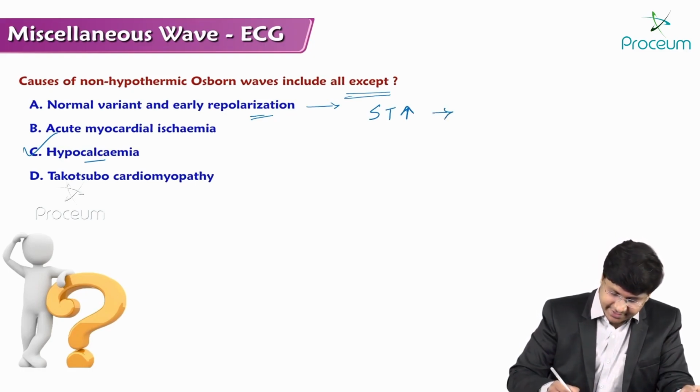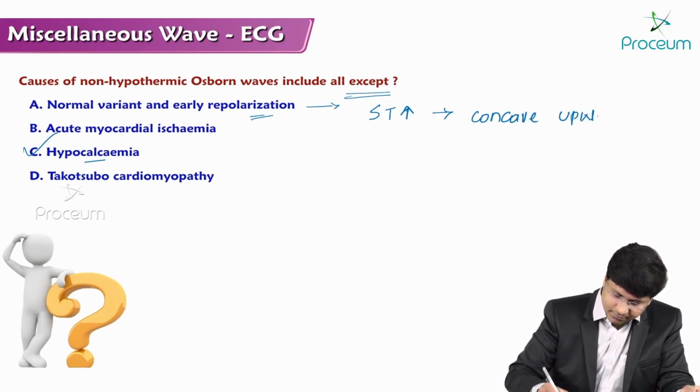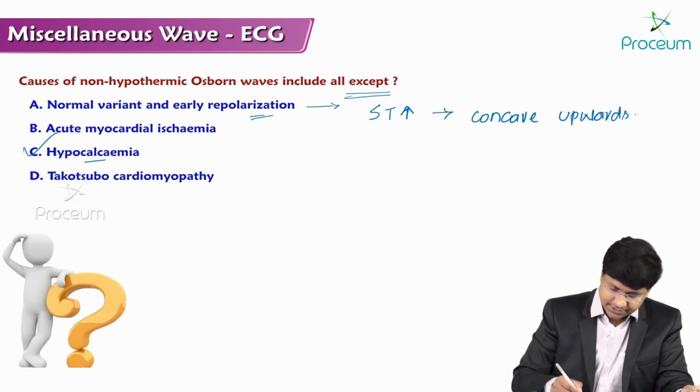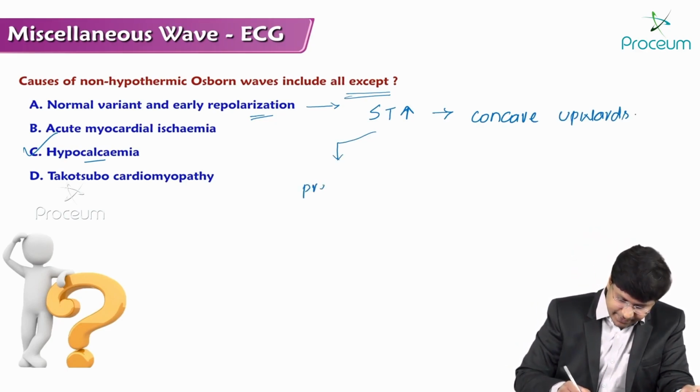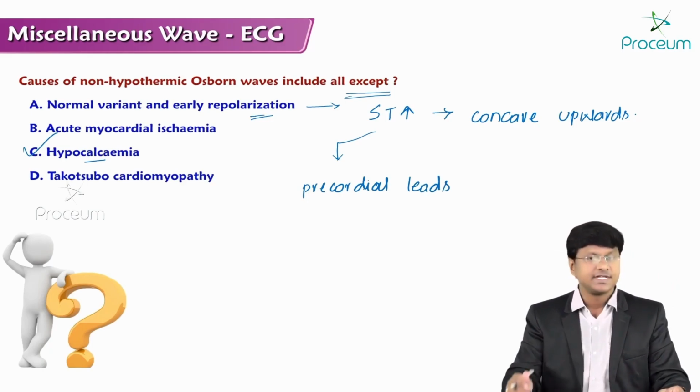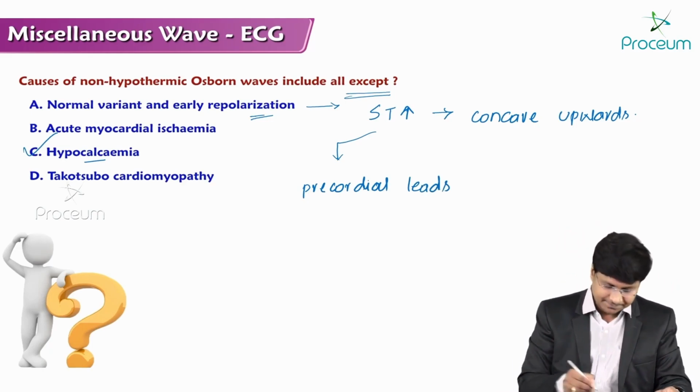This ST segment elevation is concave upwards, and it is present in the precordial leads. So that is about your benign early repolarization.